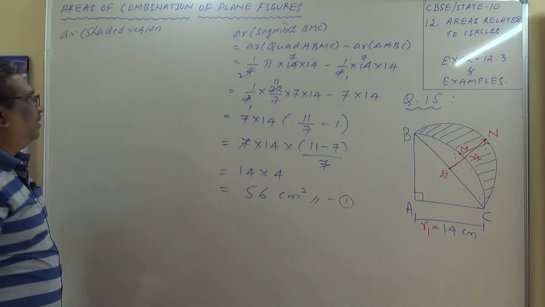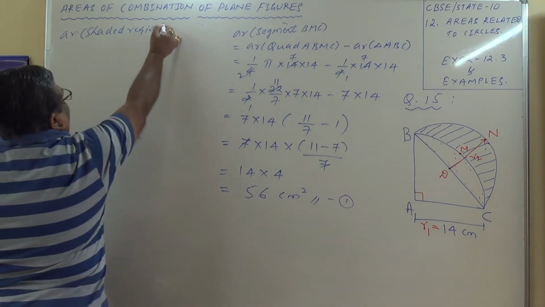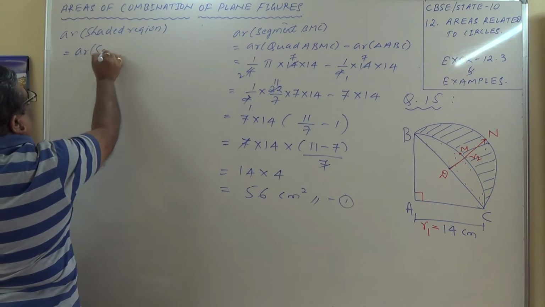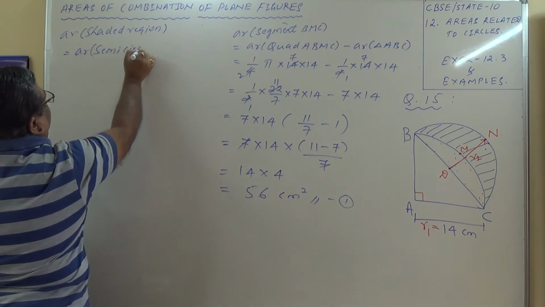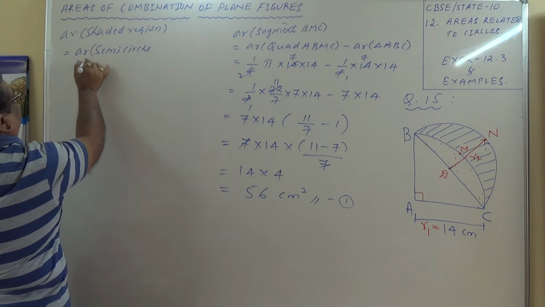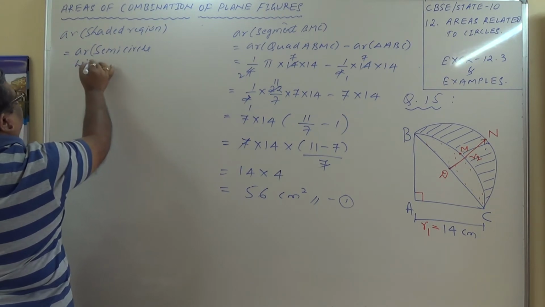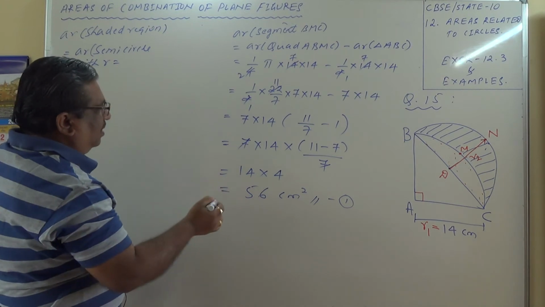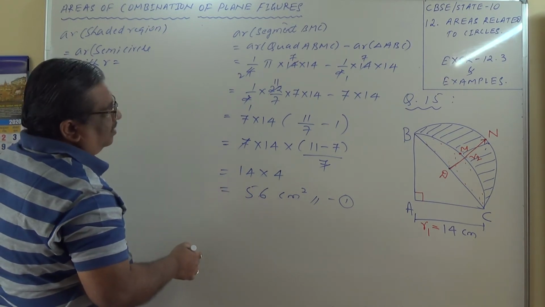Area of the shaded region is equal to area of semicircle with radius R equals, what is that we have got?